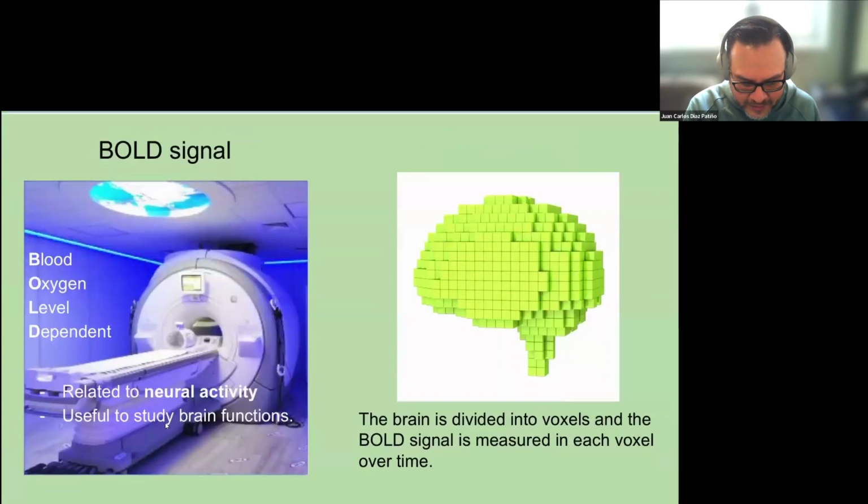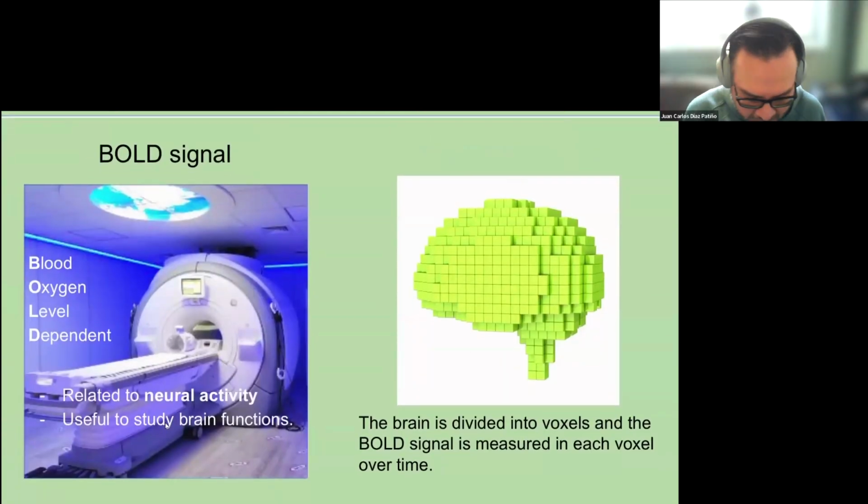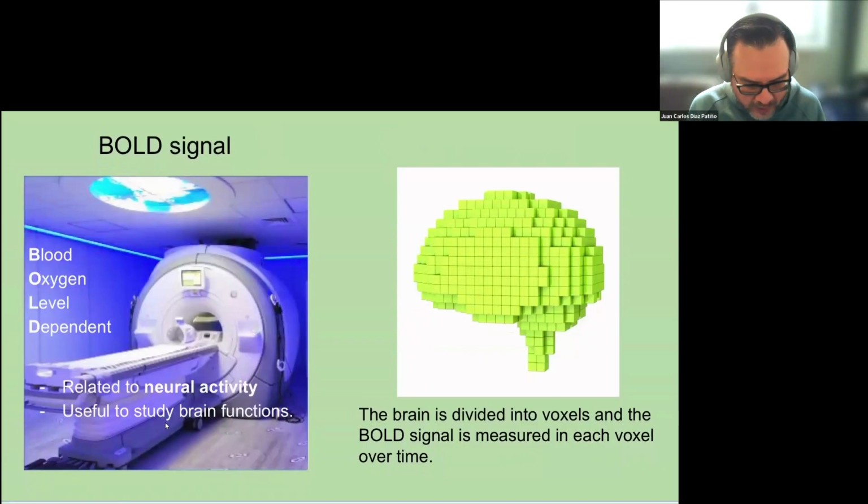Well, I'm going to start by speaking a bit about MRI, magnetic resonance imaging, and this is related to the BOLD signal. BOLD is an acronym for blood oxygen level dependent, and it's related to neural activity. Maybe you have some regions of the brain with a set of neurons that are asking for a supply of blood with oxygen.